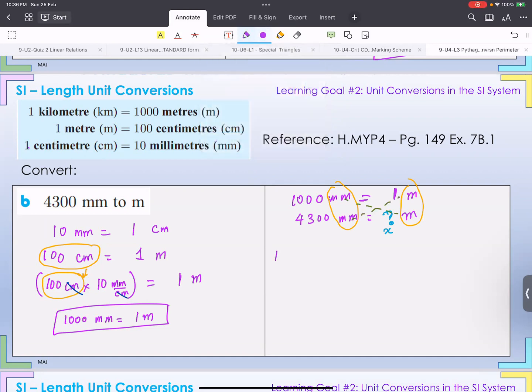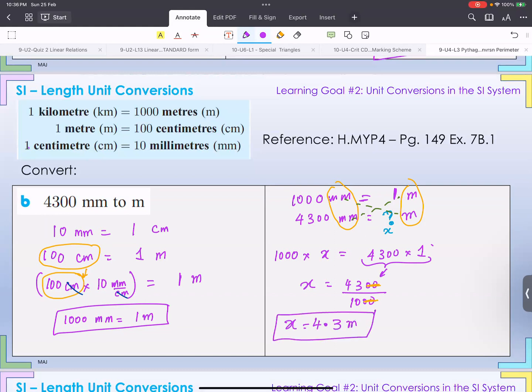So that is 1,000 multiplied by X is 4,300 multiplied by 1, or X is equal to 4,300 multiplied by 1, that's nothing but 4,300, and then divided by 1,000. Knock the zeros out. So these two zeros and those two zeros will go away. So X is equal to 4.3 meters.